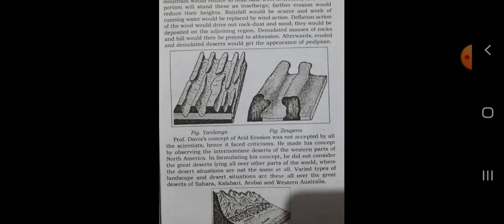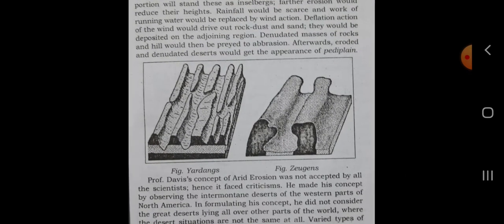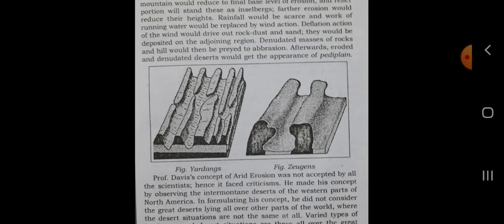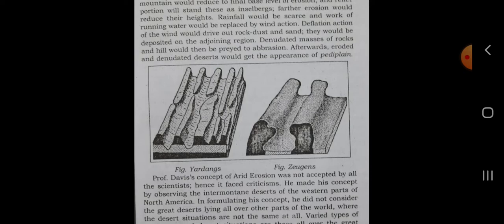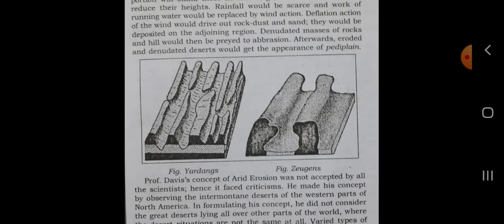So Inselberg and Yardang are given here. Further erosion would reduce their heights. Rainfall would be scarce, and the work of running water would be replaced by wind action.